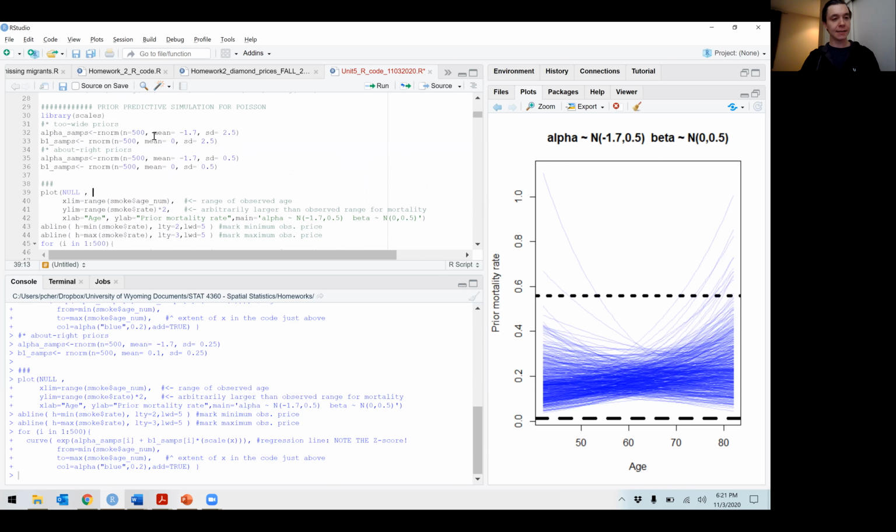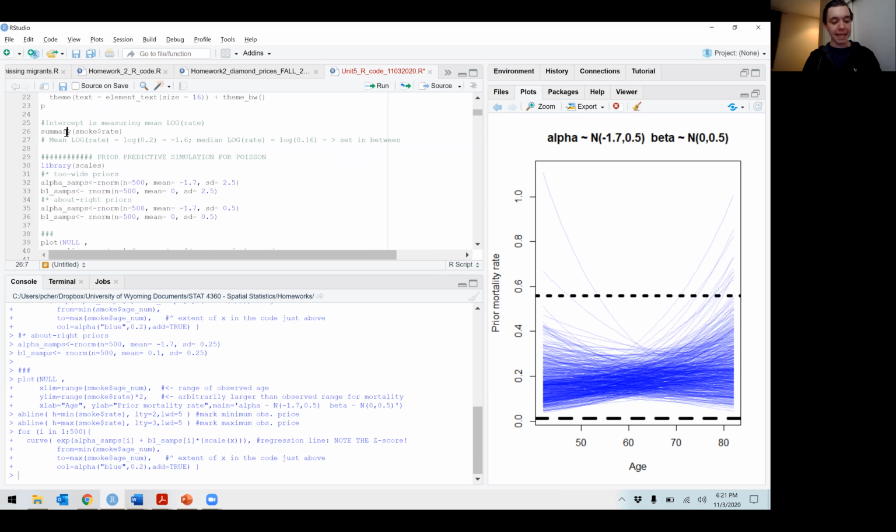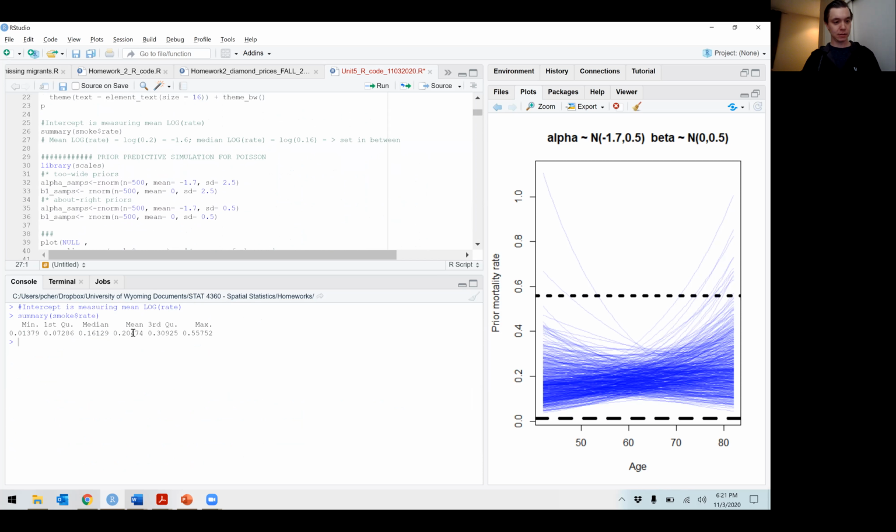If we take a look at our mean rate, our median rate, and the log of that quantity, because that's what we're modeling, log mean rates, we see that in this case, for some reason, that didn't work out.